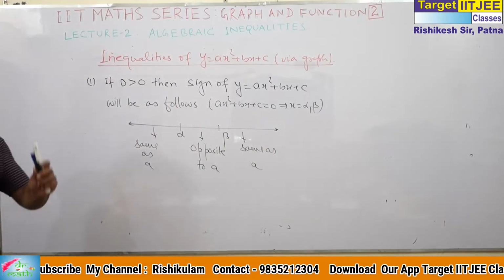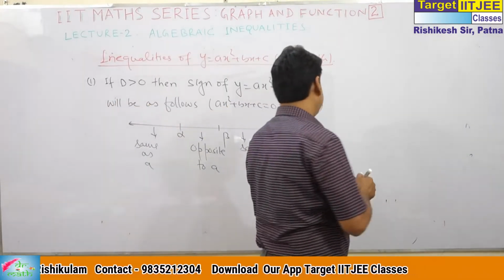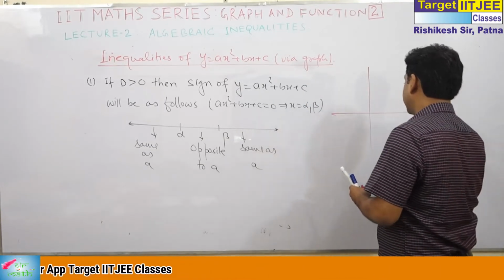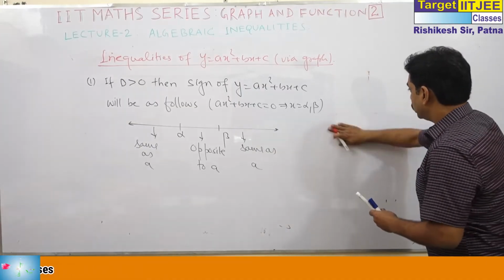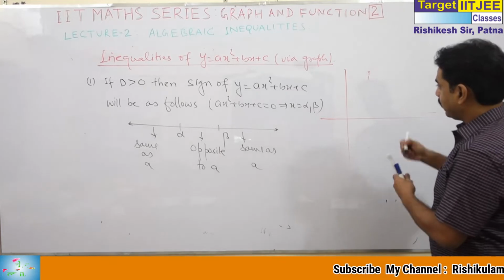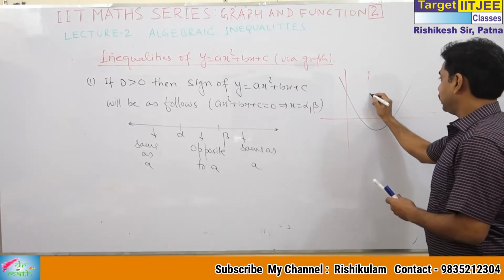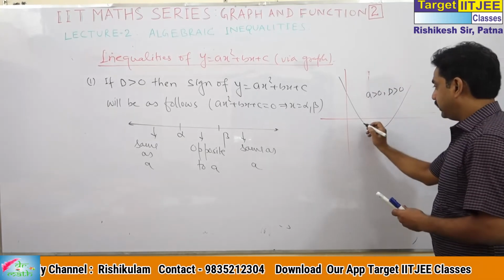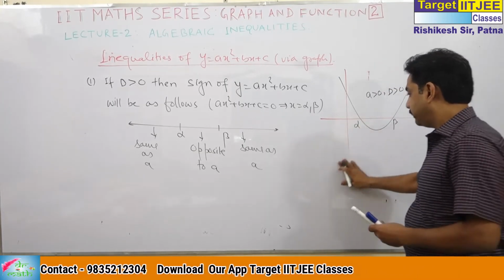What does it mean on graph? That is important. D greater than 0. Actually here I will take 2 curves. First I would like to take this one. This is A greater than 0 and D greater than 0. Due to upward opening, this point is alpha, this point is beta.